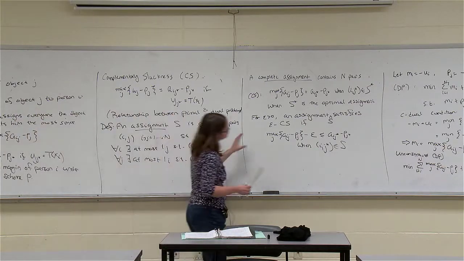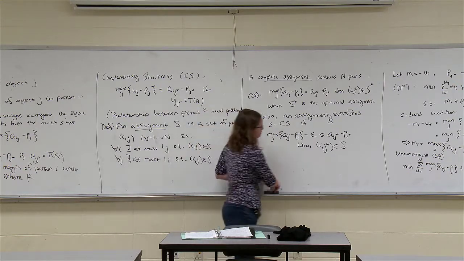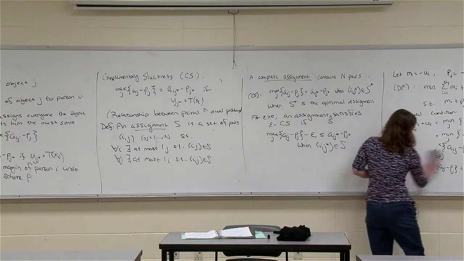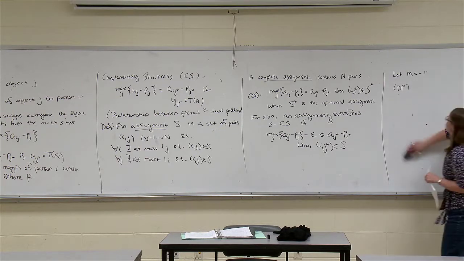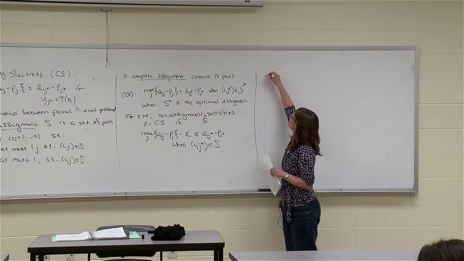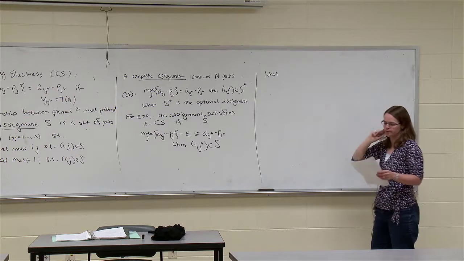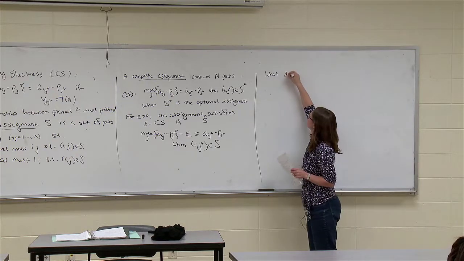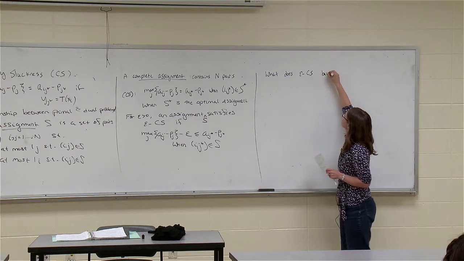But what does it really get us? If we get this condition, are we in some sense close to the optimal assignment? Let's think about whether this is a reasonable condition to look for.